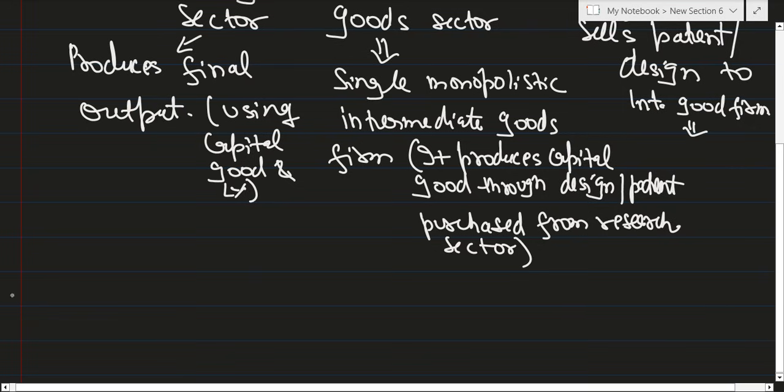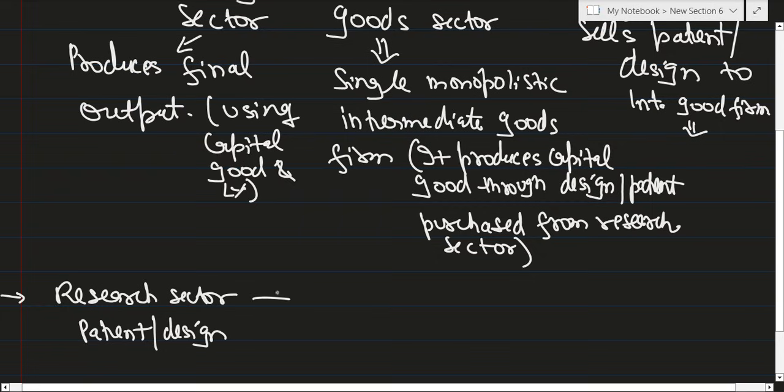So the story basically we can make a flowchart here. The story starts from research sector which produces patent or design. Then they sell it to intermediate goods firm.